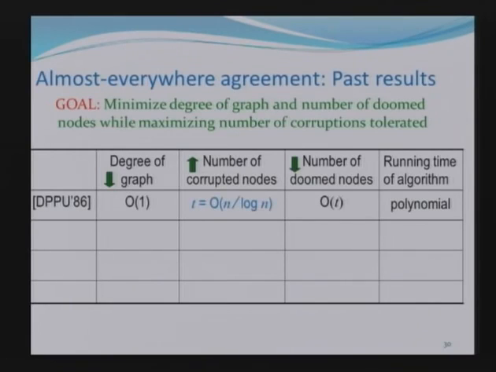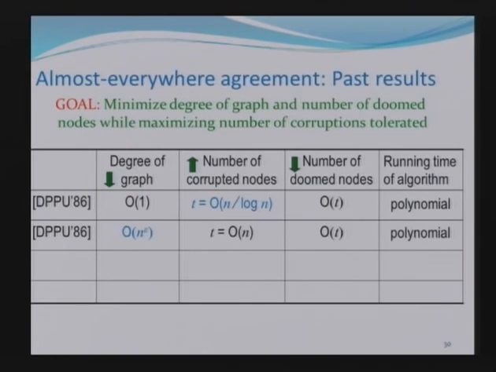So let me just give a sampling of some of the results in this area. Dwork et al., in the original paper, constructed graphs of constant degree, and the number of corrupted nodes that they could tolerate was roughly n over log n. In the same paper, they construct graphs of degree n to the epsilon for some constant epsilon.